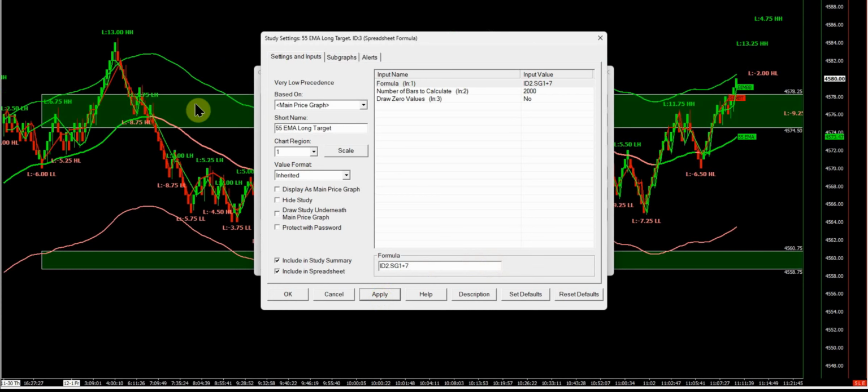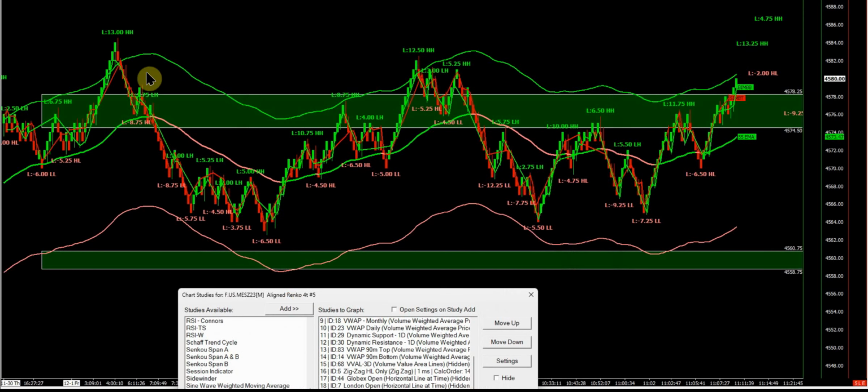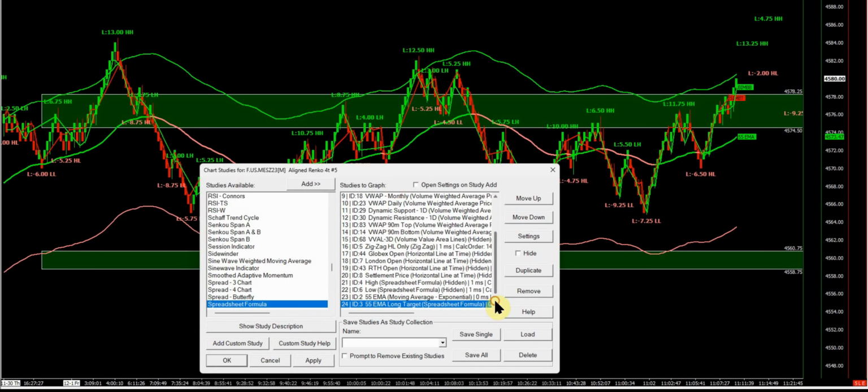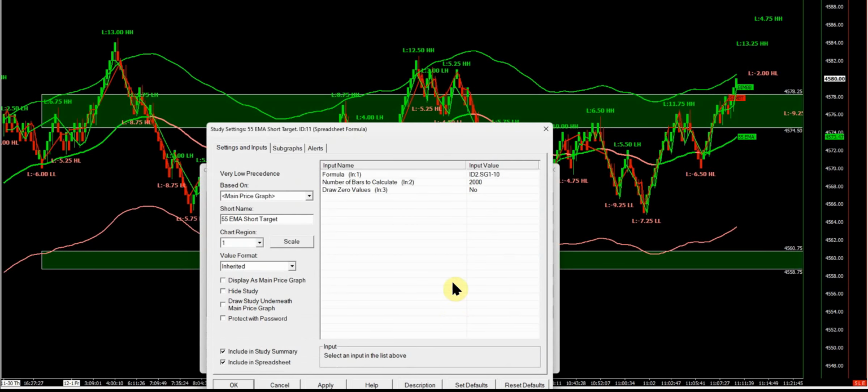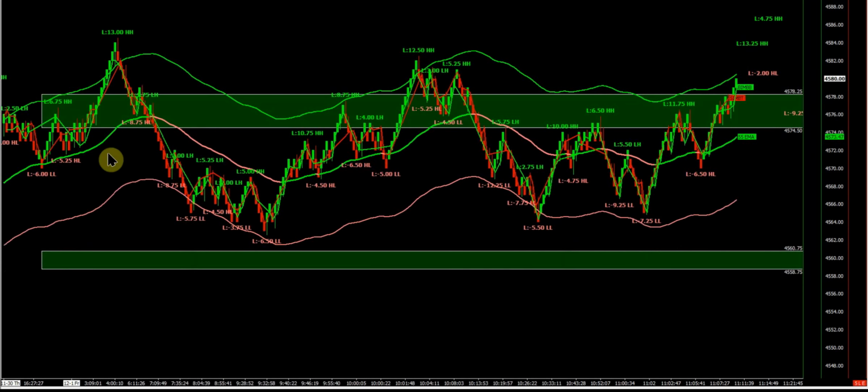Well, 7 hits that one, but it doesn't hit these up here. So let me change the short target to 7 so we can see the results. See, it rides that. It doesn't catch this down here. It catches that one, catches that one.